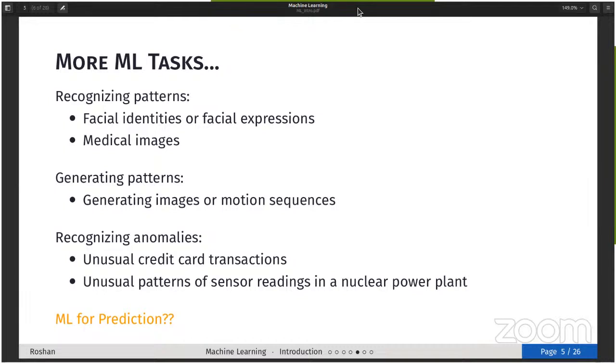I want you all to answer this question: ML for prediction. How can we use ML for prediction? For prediction, I will look at what data I have from the past and how I can make a prediction for the future. How can I predict the future using past data? So any examples you can think of?